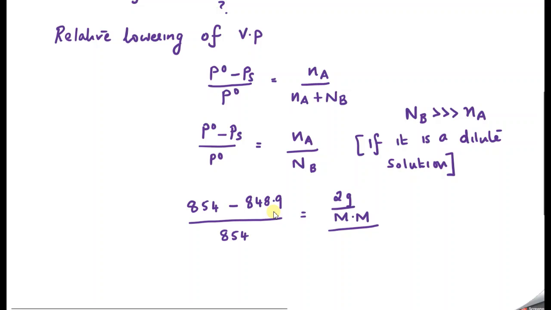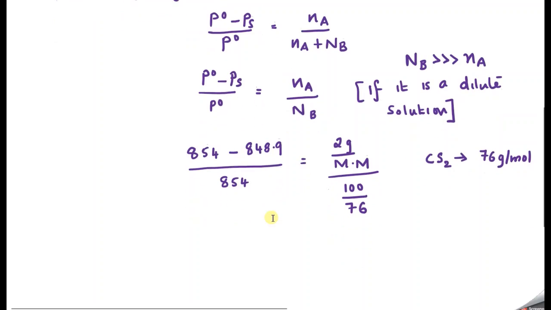The solvent mass they have given as 100 gram. For carbon disulfide, what is the molar mass? It will come around 76 gram per mole. You can check that. So divided by 76.